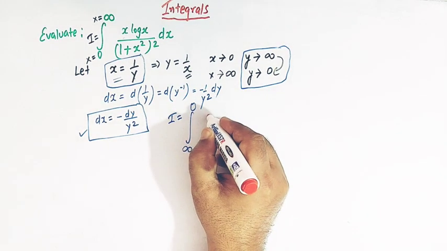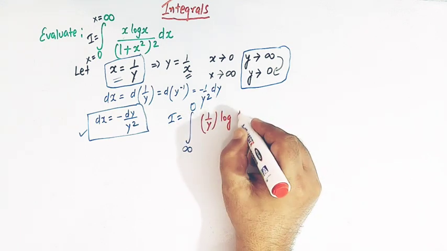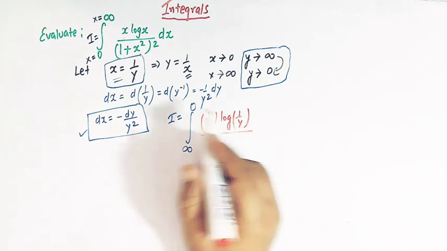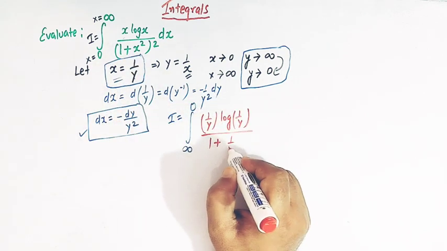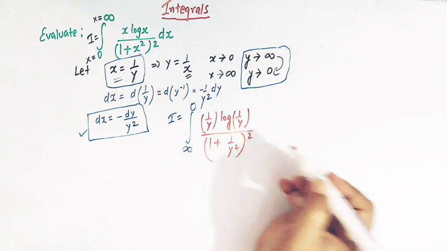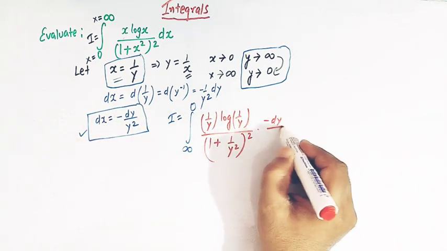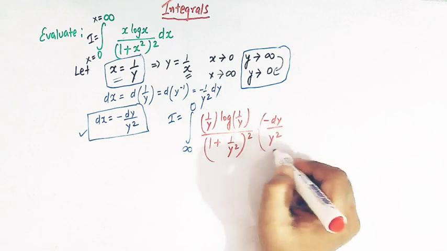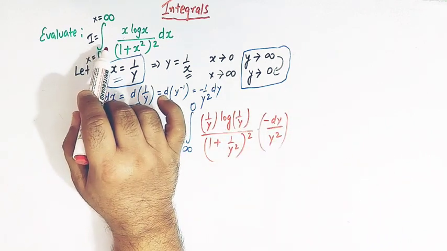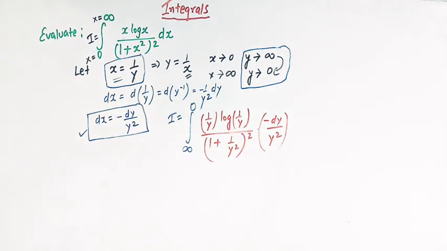So we can write 1 over y, then we have log 1 over y, and then we have 1 plus x square, where x is 1 over y, so this is 1 over y square, and here we have the whole square, and for dx we can write minus dy over y square, right? So now the original integral is represented in terms of y.